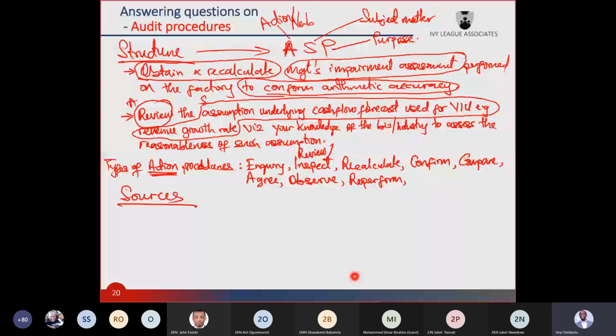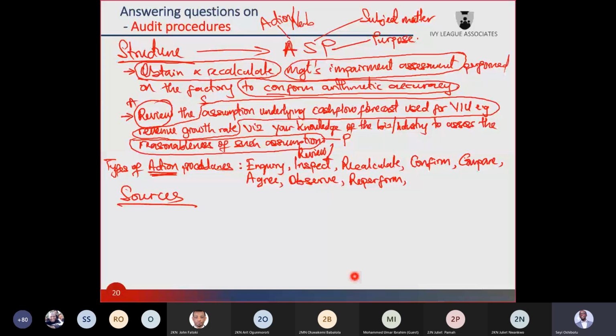So someone says, obtain and review minutes of board meetings. Purpose, the person did not put. Confirm that the entity have the intention to sell the assets. Confirm is there. Purpose is there. What's the subject matter that you will use to confirm that they have the intention to sell the asset? It's not there.